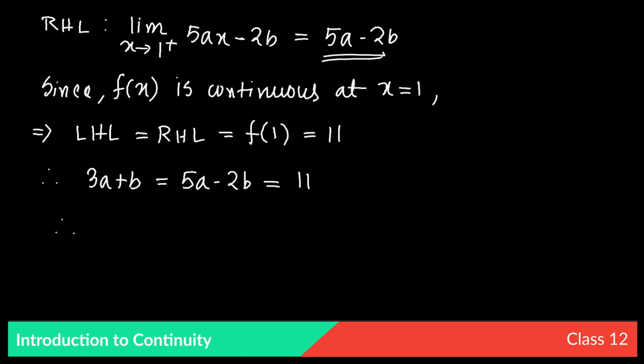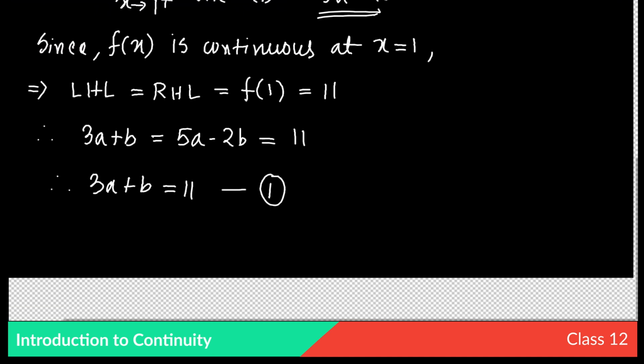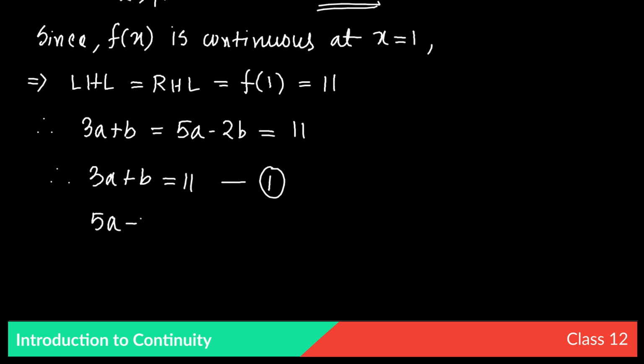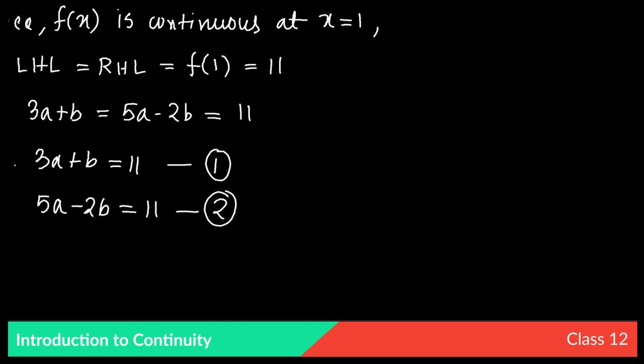So we write 3a plus b equal to 11 as equation 1, and 5a minus 2b equal to 11 as equation 2. Now we all know simultaneous equation solving, so we will solve these two equations to get the values of a and b.